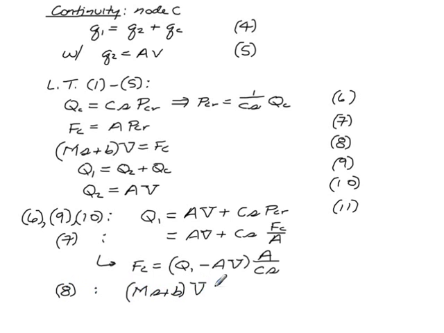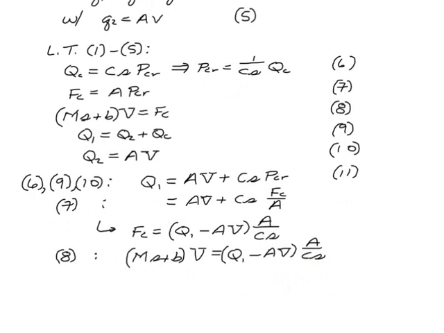times our output V is equal to Q1 minus AV times A over CS. So that's really all of our 5 transformed equations put together in one.